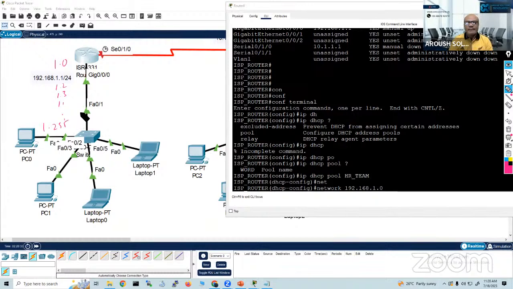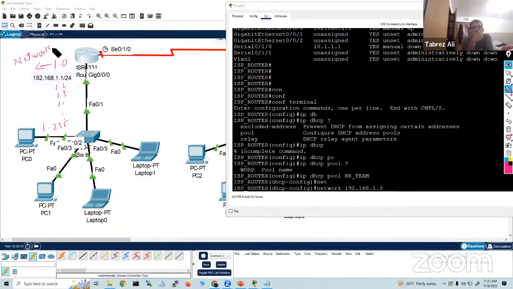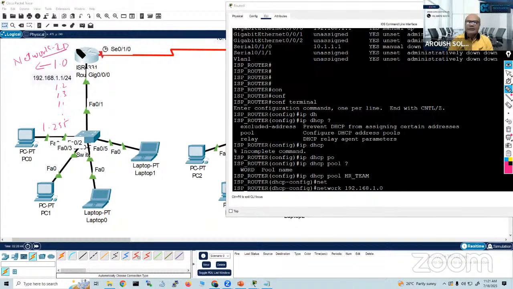Remember that. Now 1.0 is not an IP address. This is your network ID. This is not the IP address. Remember that.